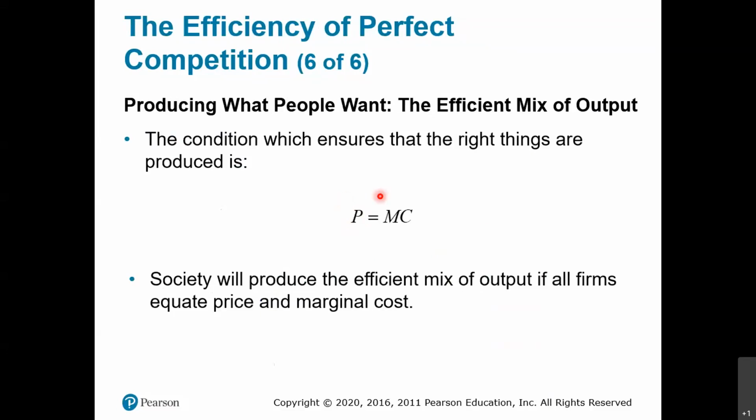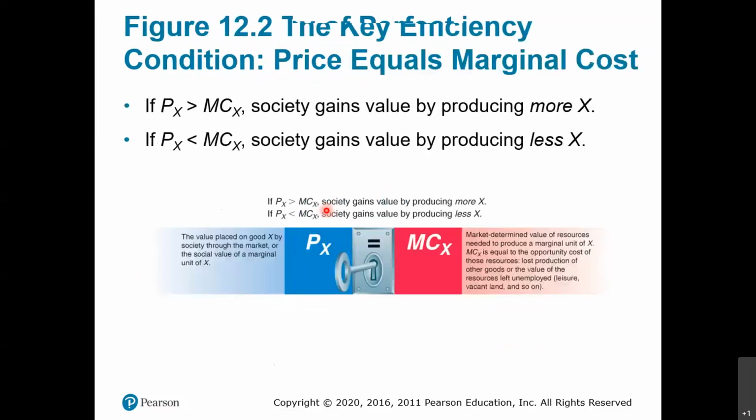So as long as the price equals marginal cost, society's good. If the price is greater than marginal cost, make more of what you're making. Society will benefit. Now, society in the aggregate will benefit. Maybe one person gets the benefit, but we're talking about all the benefits of everybody. If price is less than marginal cost, quit making so much. You're making too much. You're spending too much making it, and not enough people are getting the value.